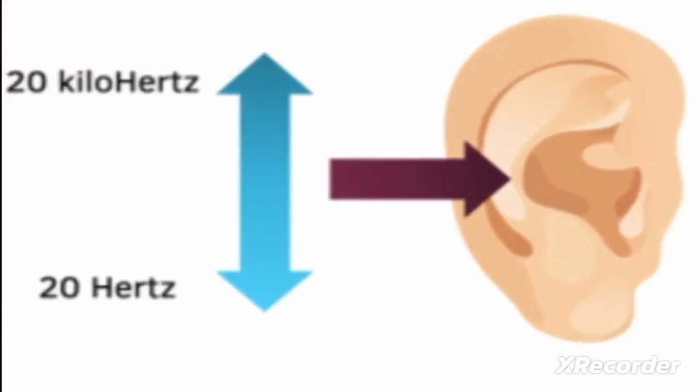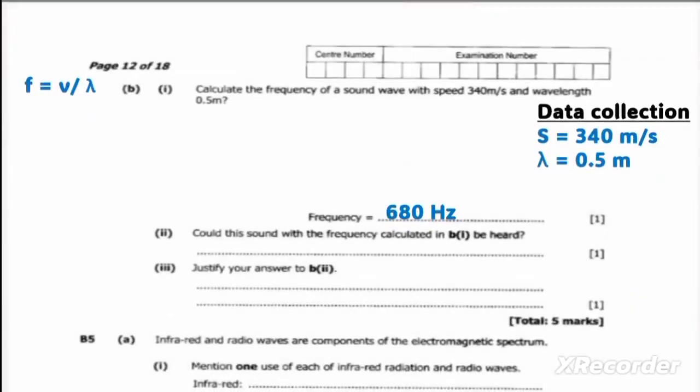A human can hear a sound between 20 Hz to 20,000 Hz, or to 20 kilohertz. Kilo means 1000. So since 680 Hz is within the range, we are going to say yes, the sound can be heard, or the sound is audible.